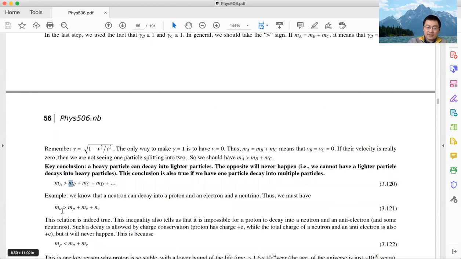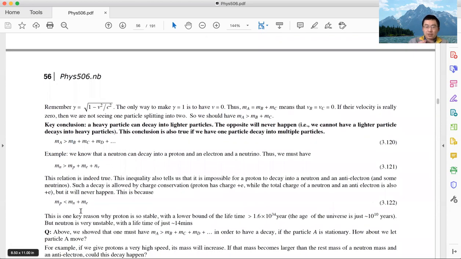More precisely, the mass of a neutron is larger than the mass of the proton plus the mass of the electron plus the mass of the neutrino. Because neutron has a larger mass than proton, this decay from a neutron into a proton is allowed. That indeed happens in our universe.